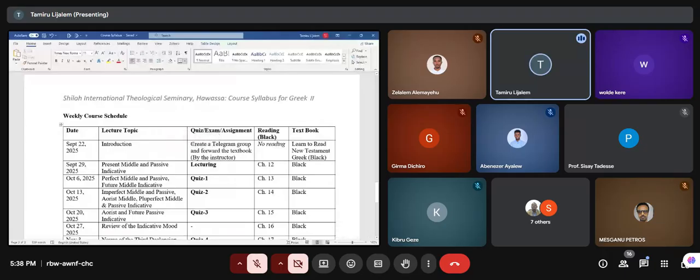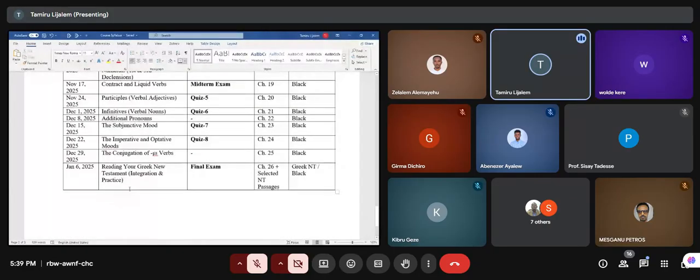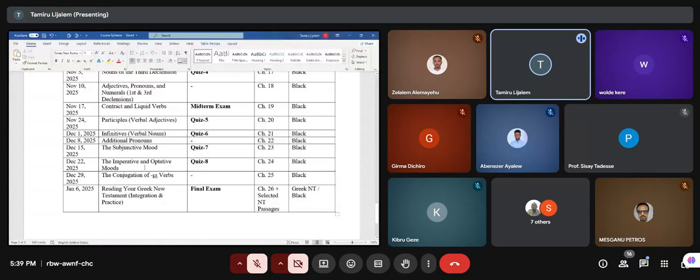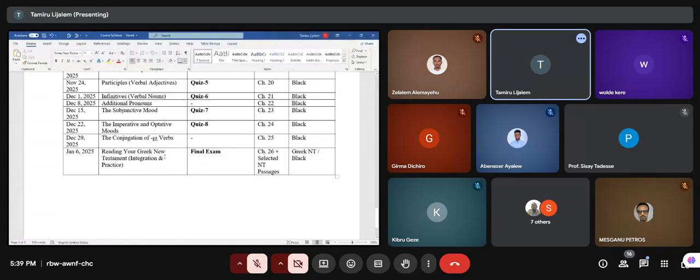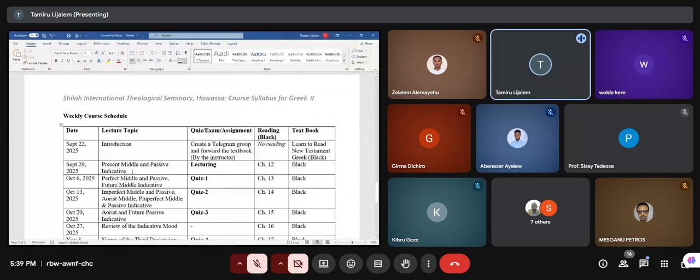I have planned to cover, starting from present middle, how to read and how to apply all this knowledge of Greek at our New Testament level. So today we start present middle and passive indicative.